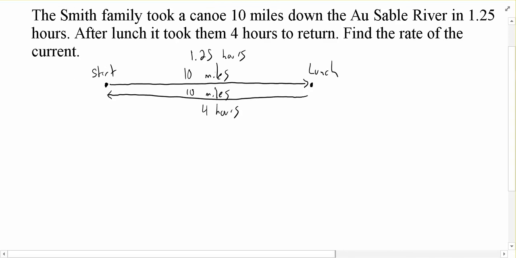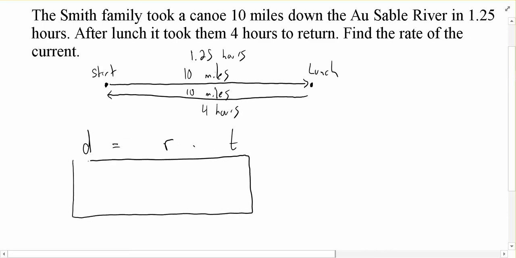Now let's try to organize our information in a DRT box. So we've got D equals R times T, and we need to organize each of these quantities that are involved. In this case, our two rows are going to be with the current and against the current.